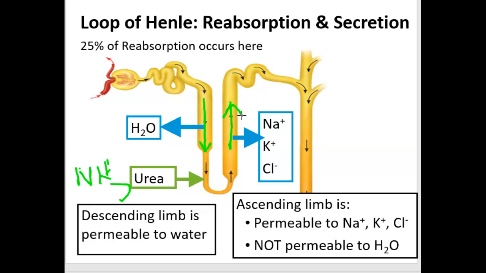And it's really important for blood volume because we can reabsorb more water from the collecting duct then. Let's look at how this nephron loop works before we talk about the advantages of it.